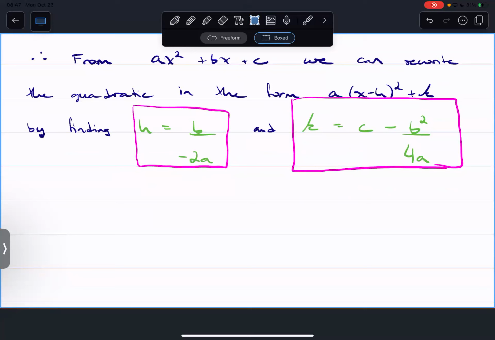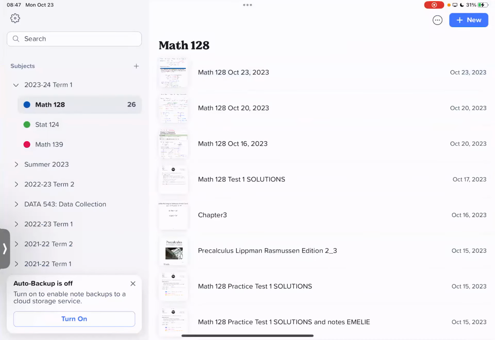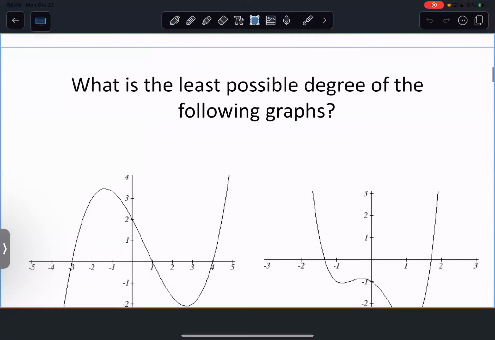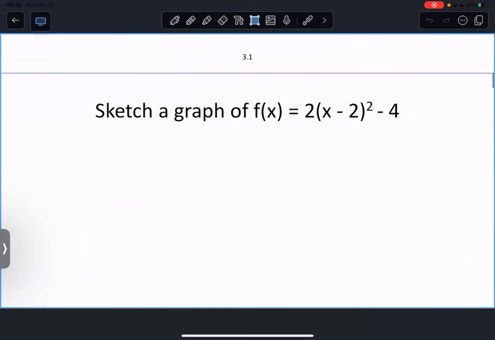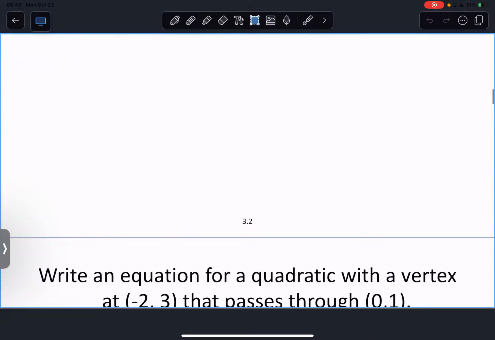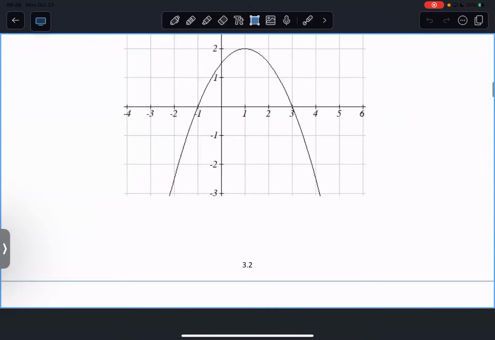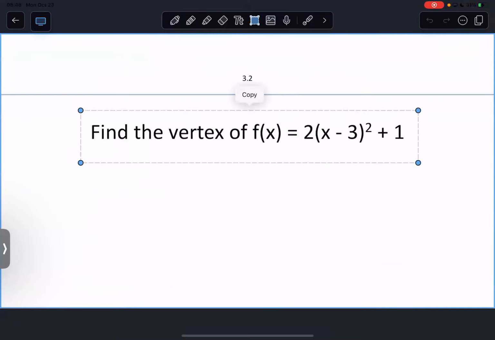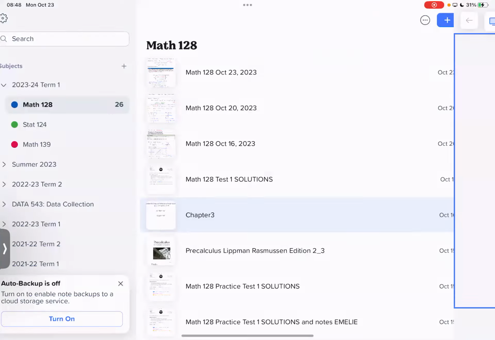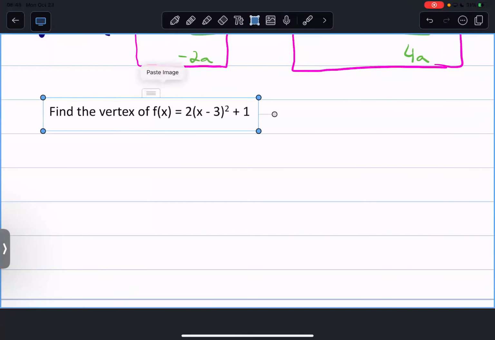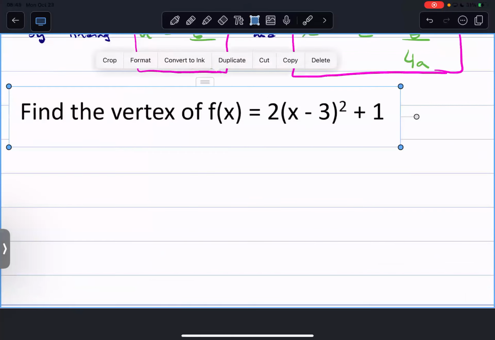All right. So now let's see if I can grab an example. Sketch a graph. Hey, we didn't do all these. Oh, find the vertex. Oh, nice and slow. I think I took off with you guys.